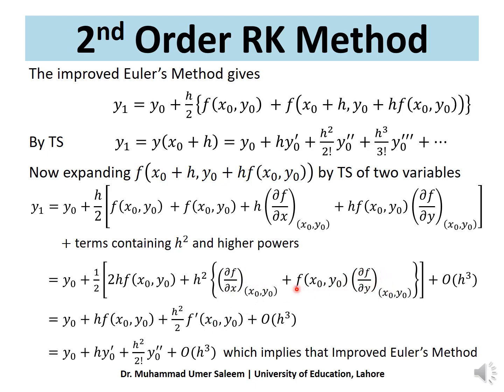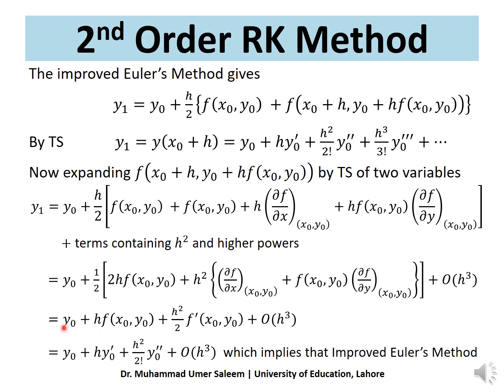So this is actually the value of dy over dx. So this whole term is equal to what? F dash x naught y naught. So this is written as f dash x naught y naught, plus the terms which are of order h cube.